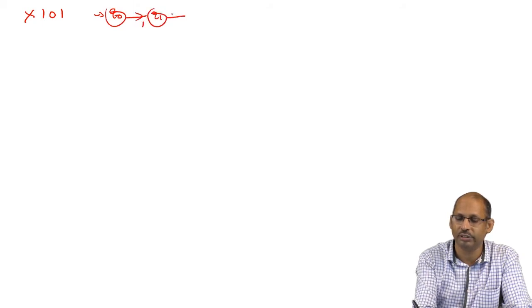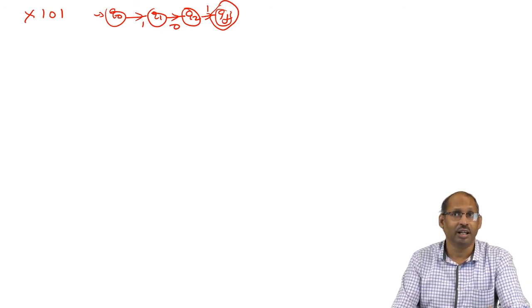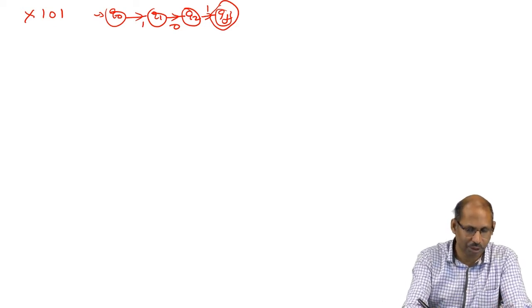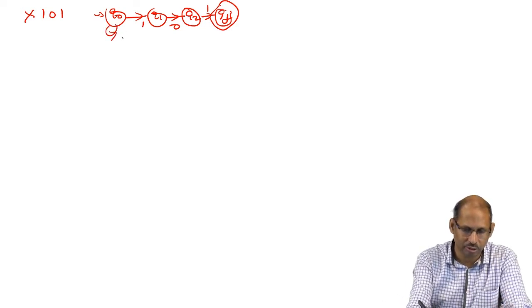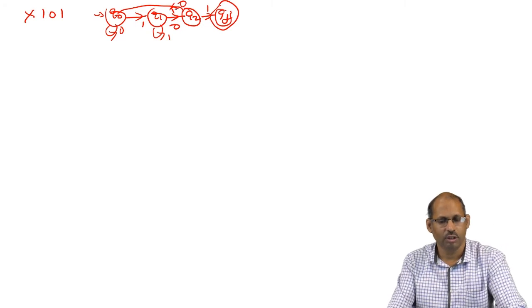So here we'll consider Q0 on 1, Q1 on 0, Q2 on 1, Qf. This is the same as previously. The transitions Q0 on 0, Q1 and Q2 will be the same as previously. Q0 on 0 is Q0, Q1 on 1 is Q1, Q2 on 0 is Q0.